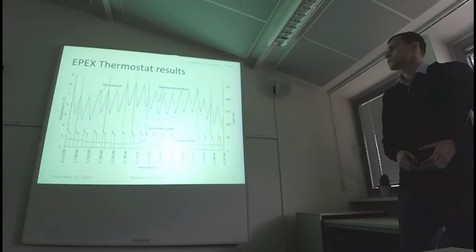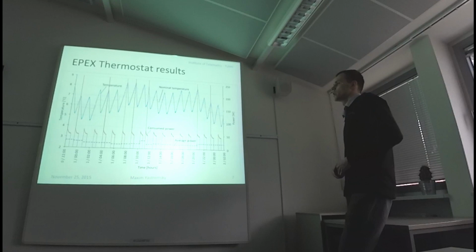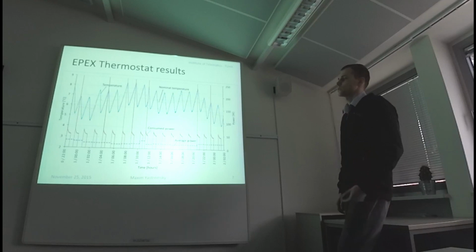One of the results of the EPIX thermostat approach is presented here. Here you can see the blue line, which is again the temperature. The broken green line is the nominal temperature, which changes over time according to power prices. The red cycles are again consumed power, and the dashed blue line is the average power calculated based on every on-off cycle.